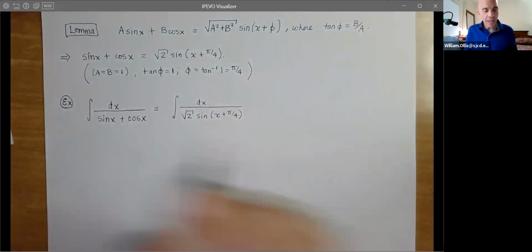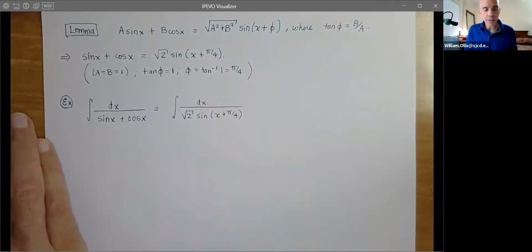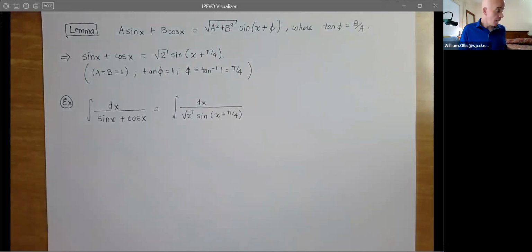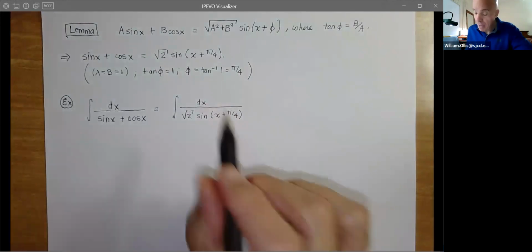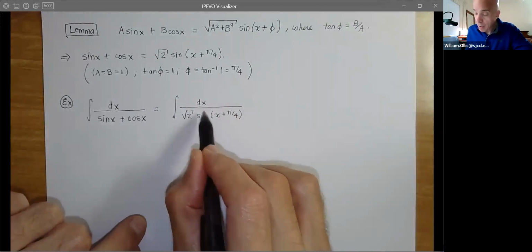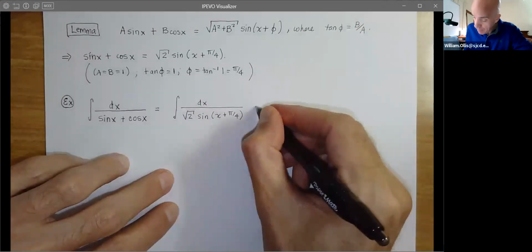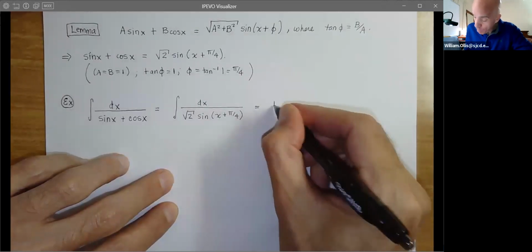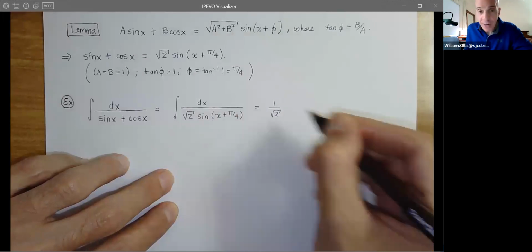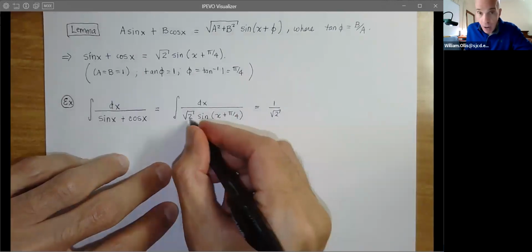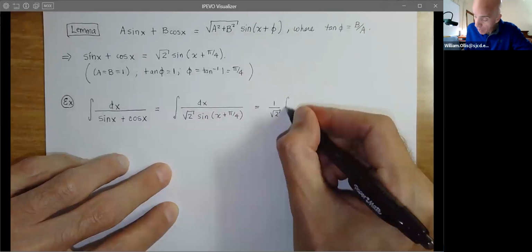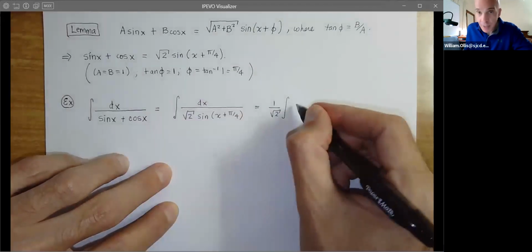Now, if you will, this is where you need to think about what we do in this particular case. We can simply rewrite the reciprocal of the sine as the cosecant. So this will be 1 over the square root of 2, just factoring out the constant here, and now writing this upstairs using the identity.